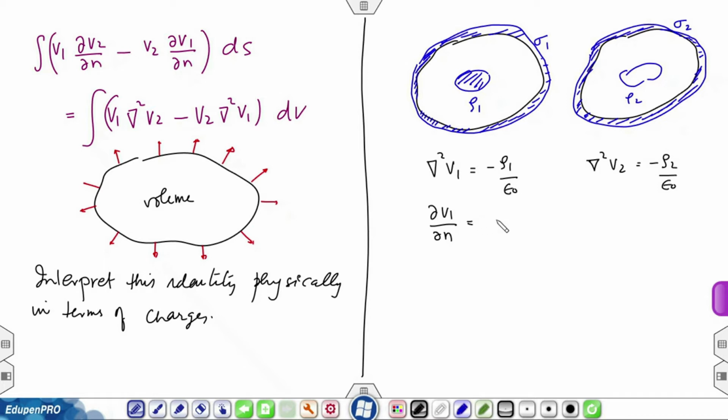This is nothing but n dot grad of V1, which is minus n dot E1, right. And we are talking about the surface.